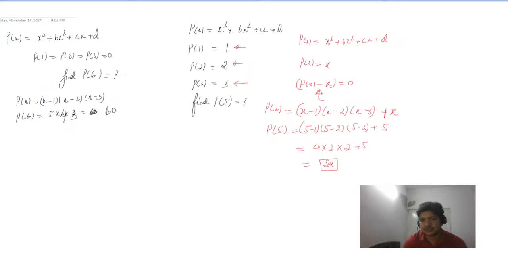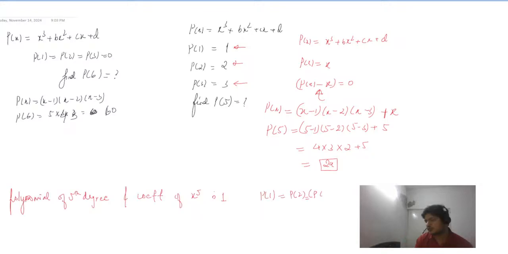You have understood now what kind of thing you can write, right? And P(1), P(2), P(3), P(4), all the values are equal to 0. Got it? Find P(5).